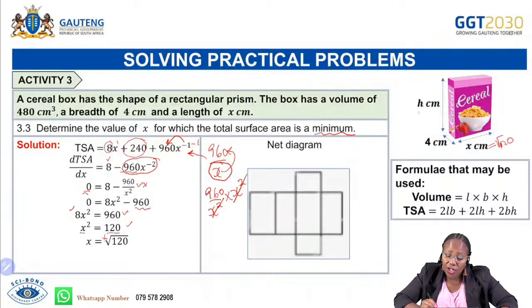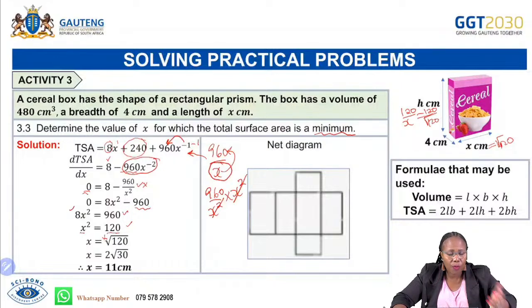And then the h, remember, height is 120 over x. That means this will be 120 over the square root of 120 there. Right. So you can write this in simple surd form, that is 2 square root of 30. You are also welcome to write that to the nearest integer, because this will be 11 comma something.